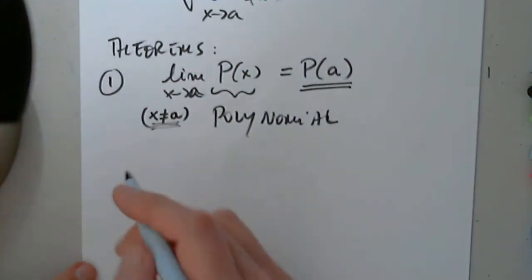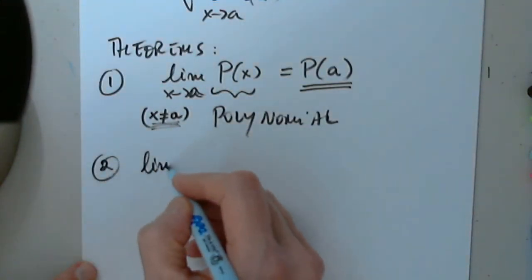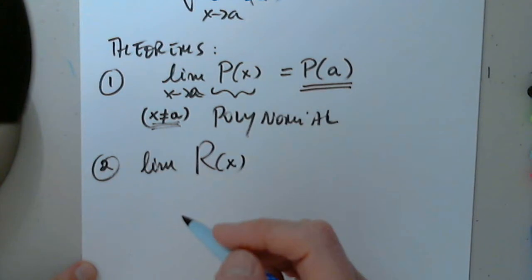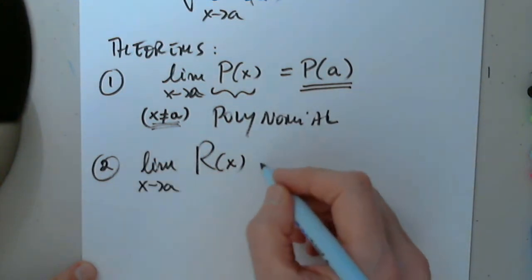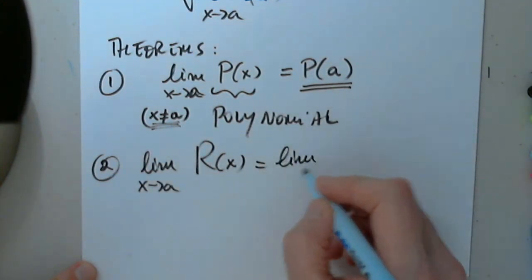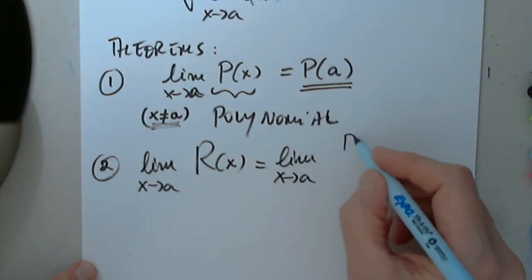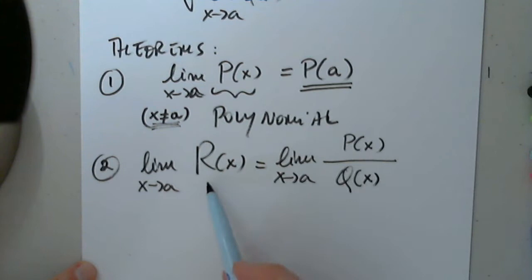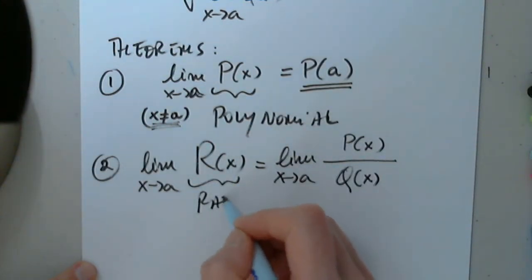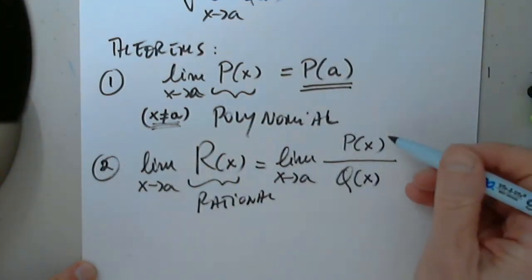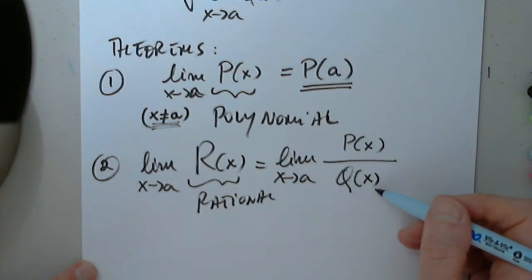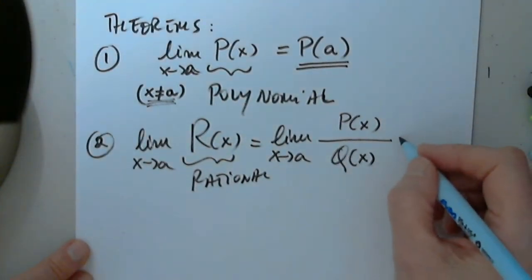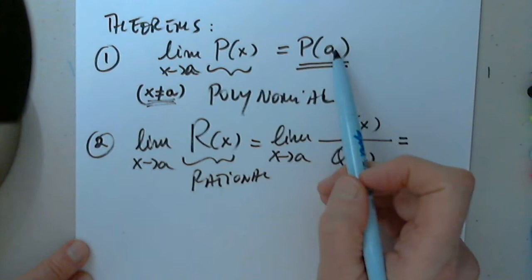The second theorem is the limit of a rational function. Like, for example, the limit as x approaches A of a polynomial at the top over a polynomial in the denominator. So rational. So a polynomial over another polynomial. So this is the same thing, the same thing like here.